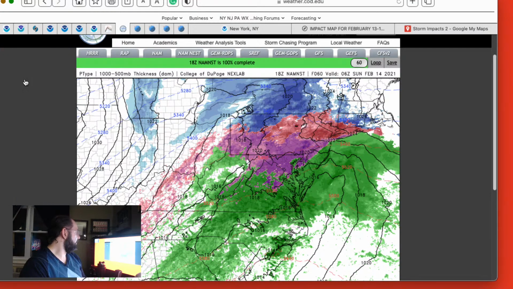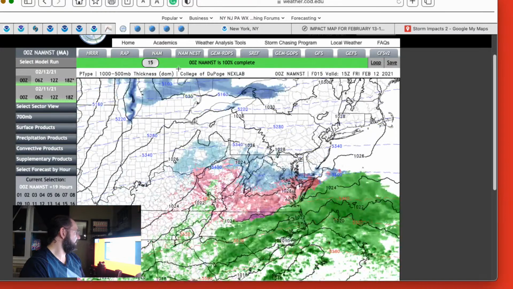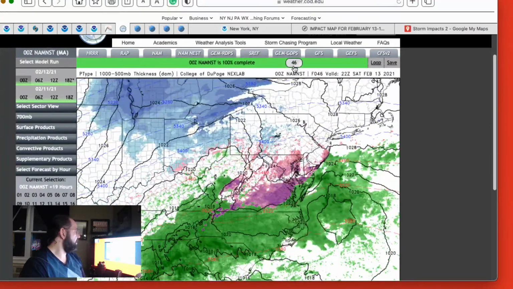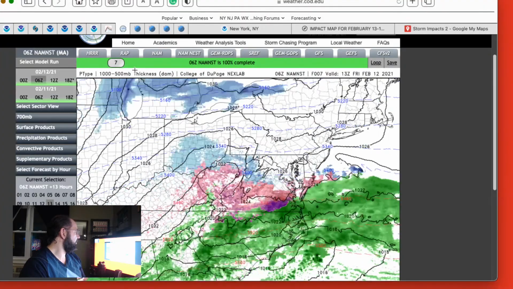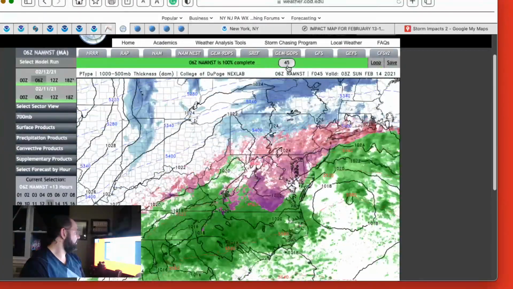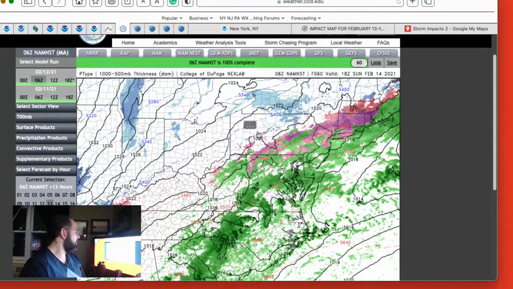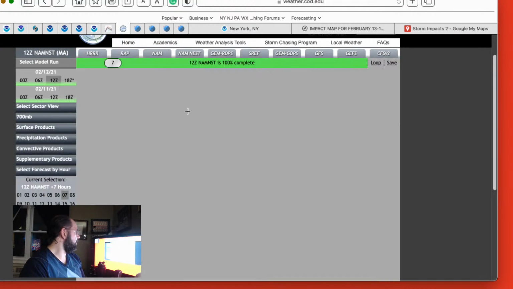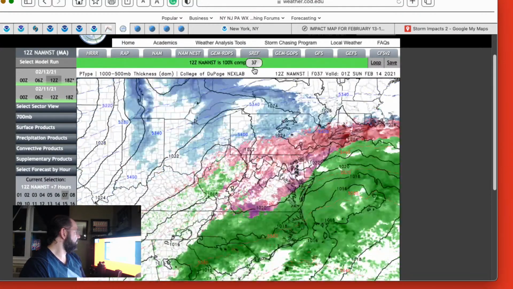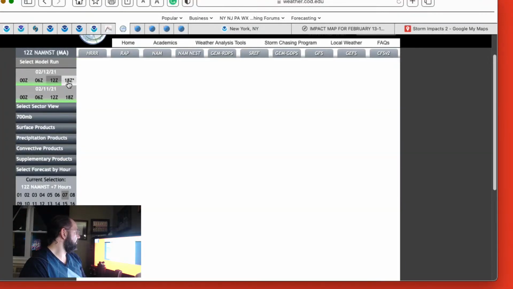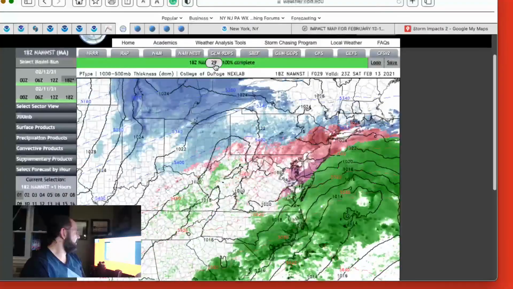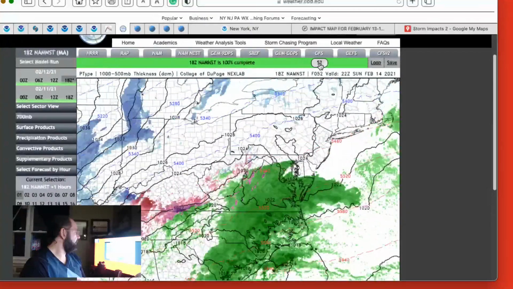Now, since then, every successive model run of the NAM guidance has started to pick up on the intensity and strength of this polar and Arctic air mass. And so as a result, while it is starting to pick up on that data, it's reducing the influence of that warm air.